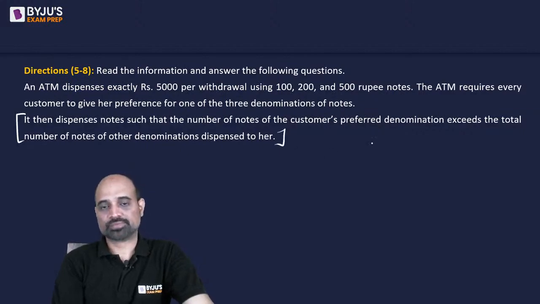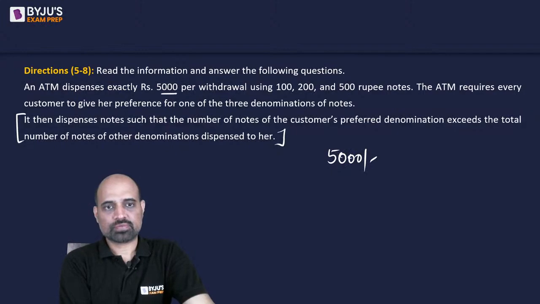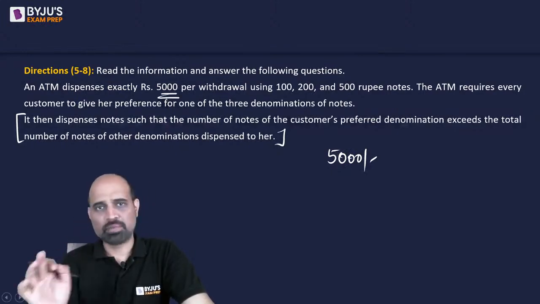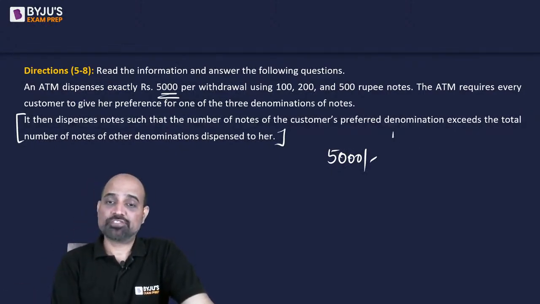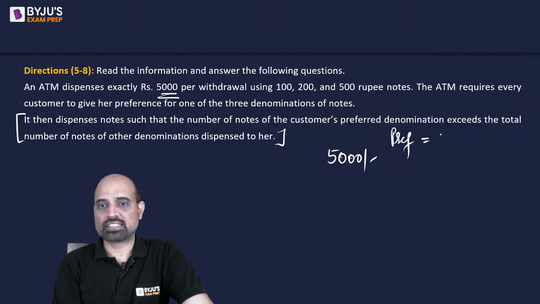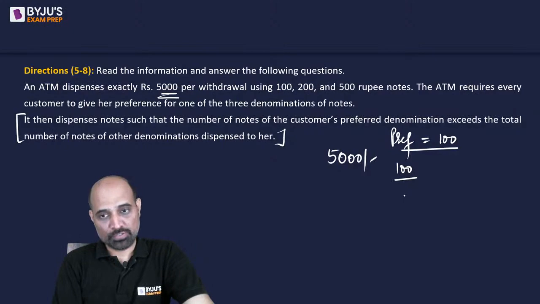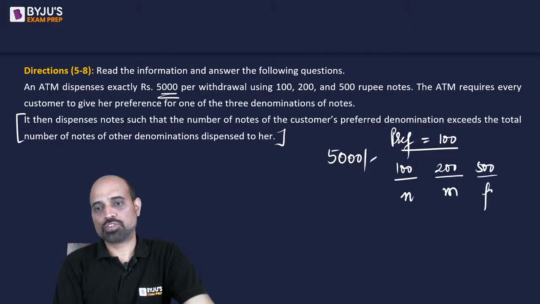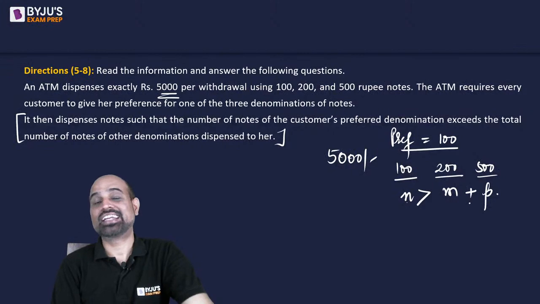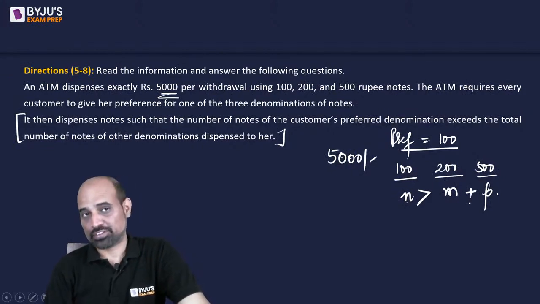This is important. Suppose I need 5,000 rupees. The ATM gives exactly 5,000, neither less nor more. And if I give my preference as, let's say, 100 rupees, then whatever number of notes of 100 rupees, 200 rupees, and 500 rupees I'm going to have, the number of notes of 100 rupees should be greater than the number of notes of 200 and 500.